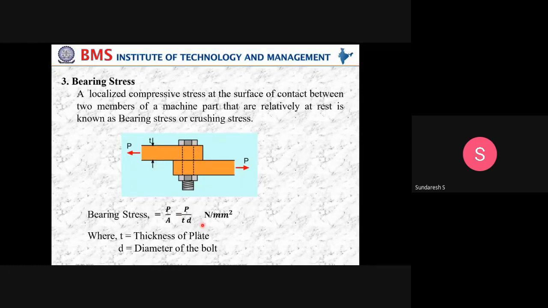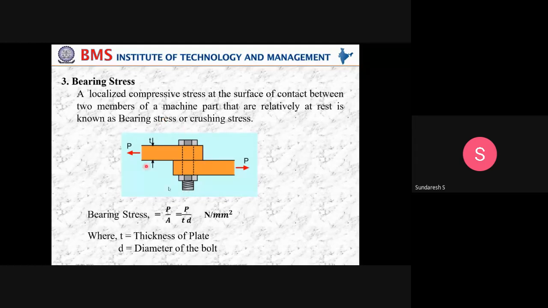So we say bearing area is T into D. This is how we calculate the bearing stress. There are different ways to calculate stresses, taking different cross-sectional areas, or the shearing area, or sometimes the bearing or crushing areas.